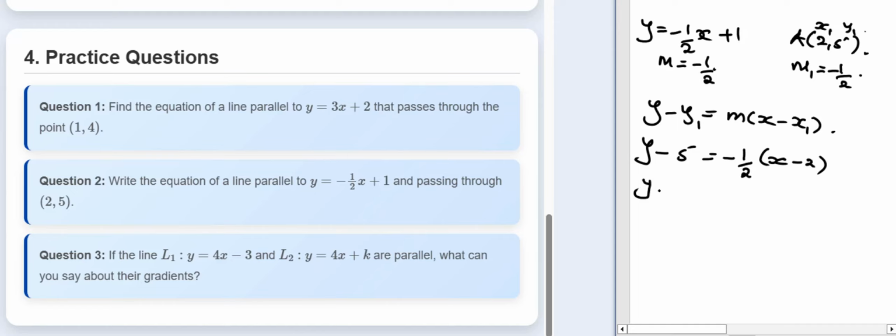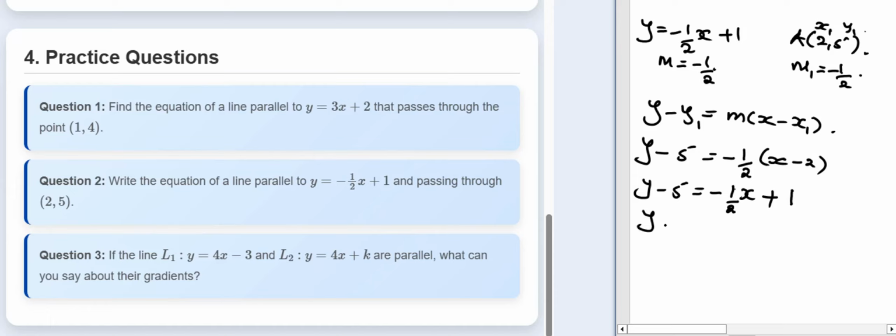So I get y minus 5 is equal to negative half x plus, when I multiply this one with this one, I cancel 2 by 2, it becomes negative 1. Then when I multiply by this negative 1, it becomes positive 1.